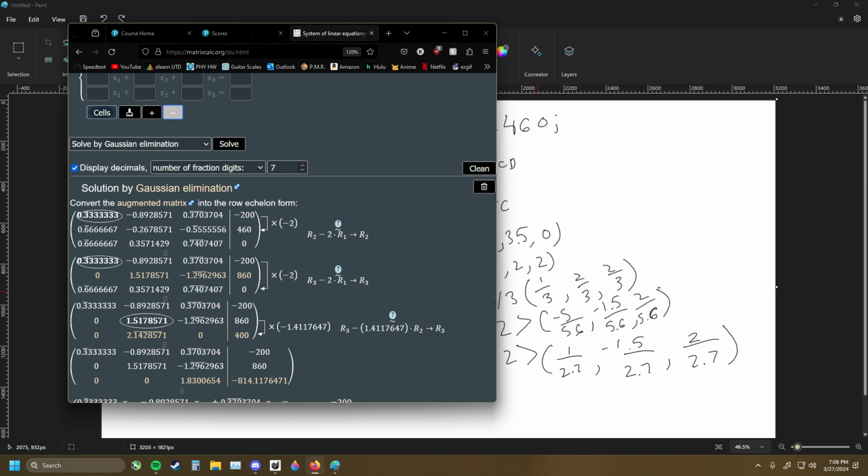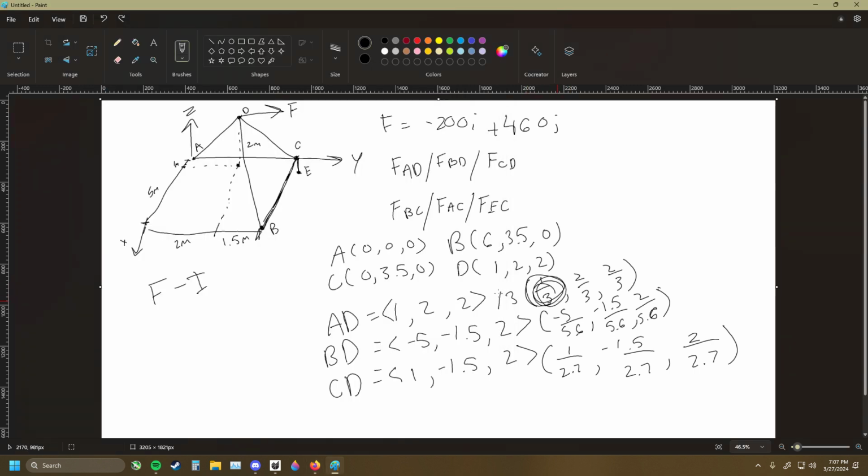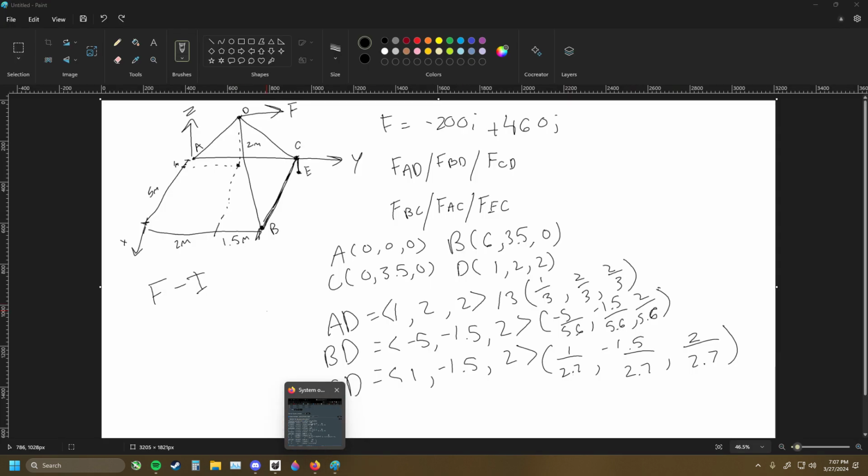So we know our x values are all 1/3, negative 5 over 5.6, and then the last one. Sorry, yeah, so we know all of our x components, and we put them all in a row. This is AD, BD, and CD, just how you set up a normal matrix.